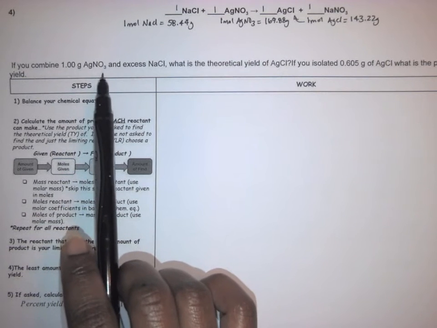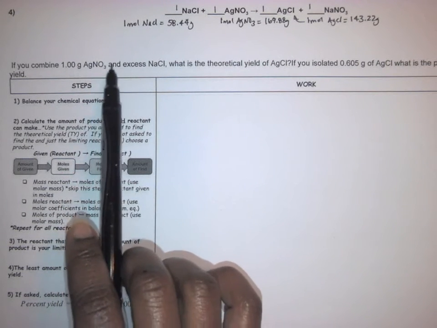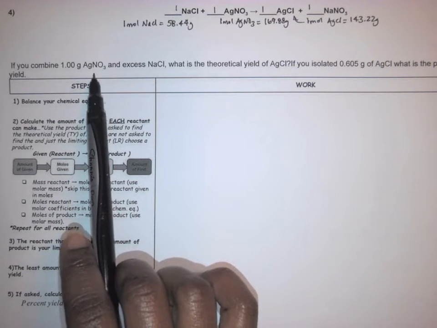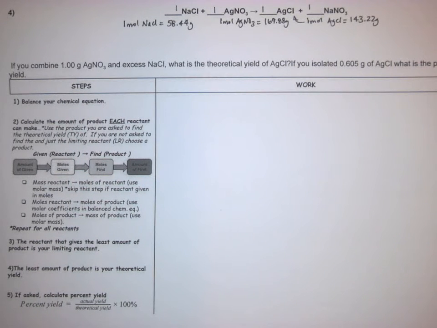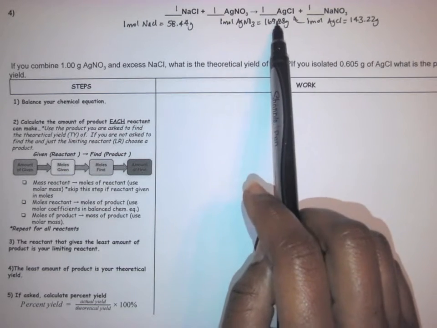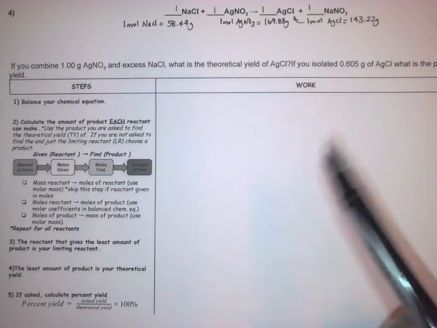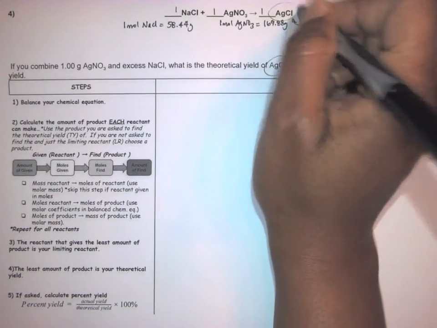So to get the theoretical yield, what we're going to do in this case is use our limiting reactant and find the amount of product that we can make from that limiting reactant. Now this reaction has 2 products, so we have to use the product that they're asking us for the theoretical yield of, and that is AgCl. So that's the product that we're going to focus on.